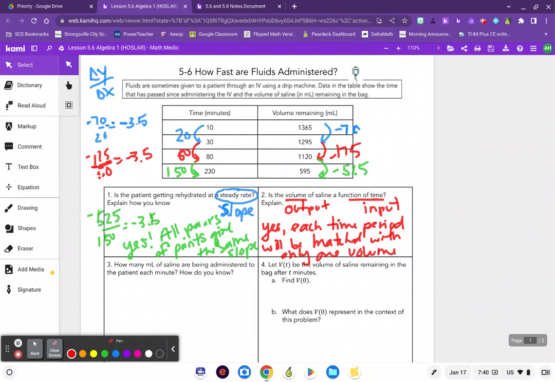So this is a function. Some friends in class said, well, time can't repeat. So I'm not going to have the same time period matched up with two different volumes. Again, each time period will be matched to only one volume.